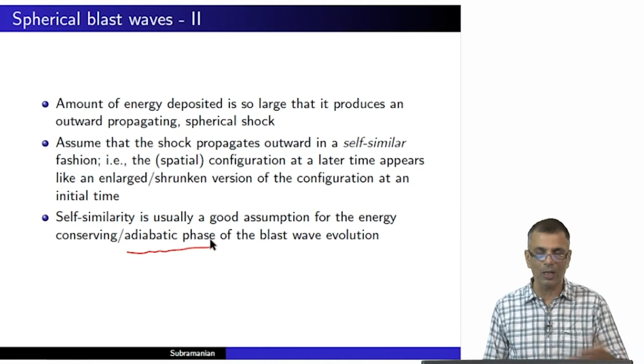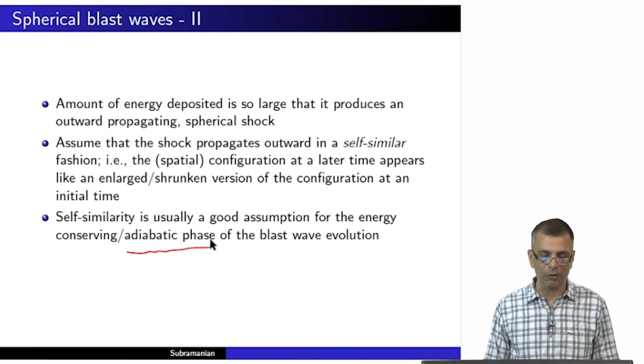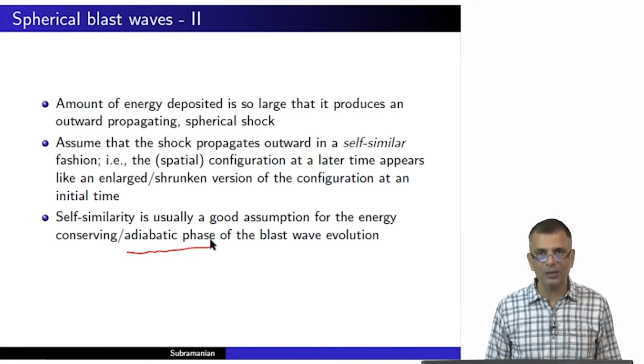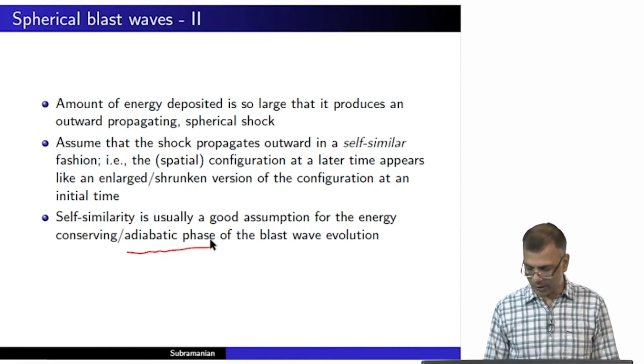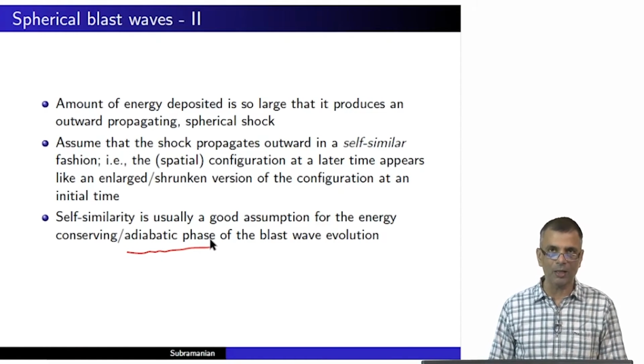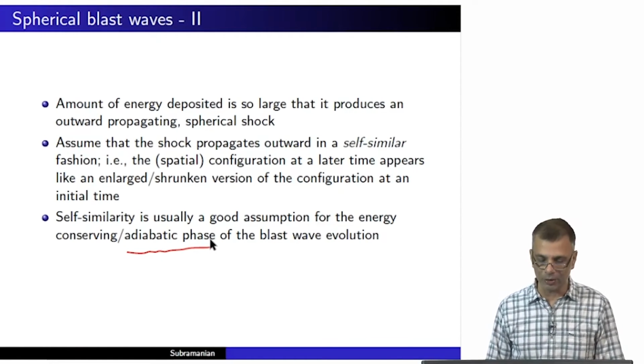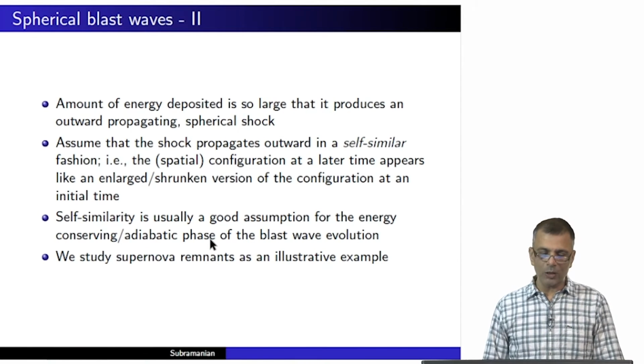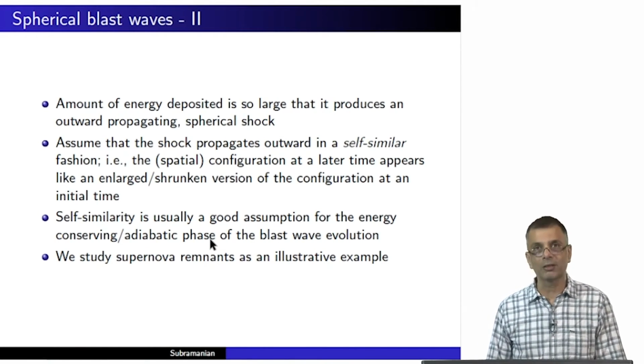We won't bother about the other snowplow phase and so on. Okay, it makes the analysis a little restricted, but that's okay. We can at least be complete in our analysis and draw a number of very useful conclusions. So we will study supernova remnants as an illustrative example.